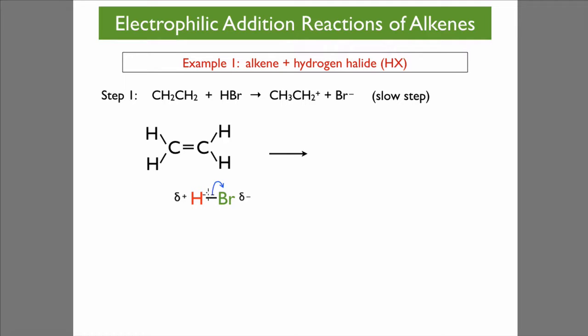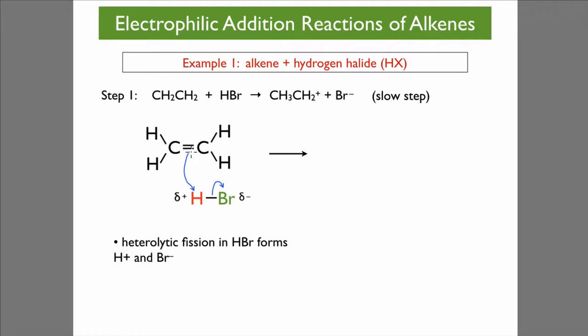So the electrons are moving towards the bromine, meaning we've got a positive dipole here, and a negative center on the pi bond of the double bond, and these electrons move over towards the hydrogen.